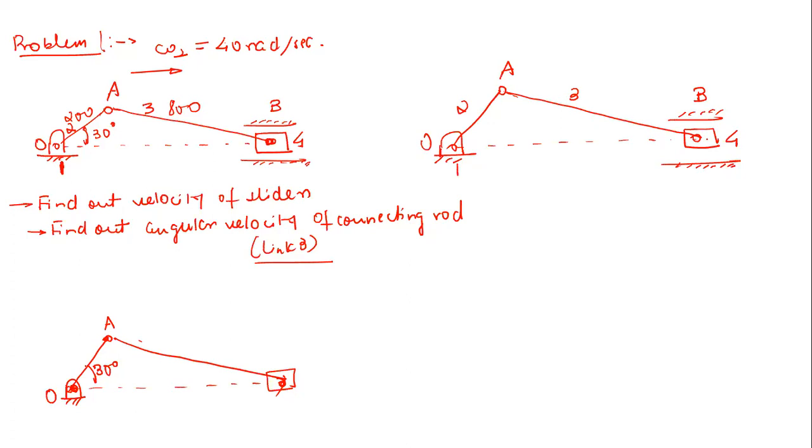Fine. Now first of all, you simply have to find the velocity of the slider. This is a very simple mechanism. First of all, we will locate all the IC centers.